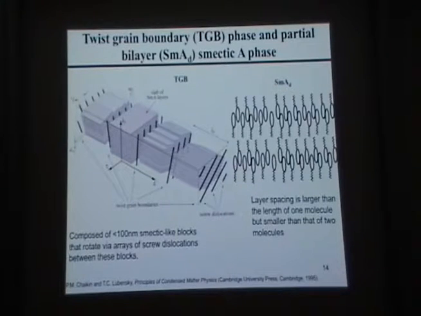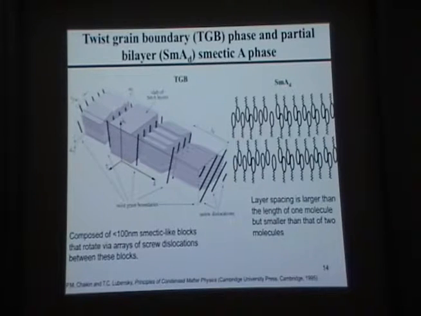And so one classic example I'm showing in here, imagine you have Smectic A-like phase that we discussed before, but because you would have some molecules that also have tendency to form chiral structures, lacking mirror symmetry, those materials can form the so-called twist grain boundary phase, where you have the blocks of smectic material separated with respect to each other by the boundaries formed by these screw dislocations, right?